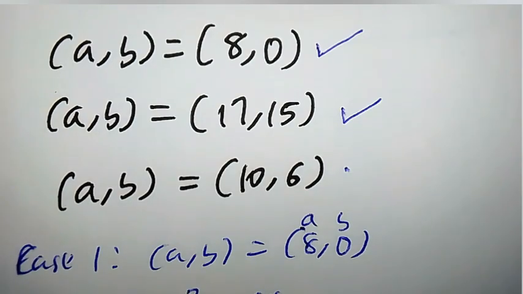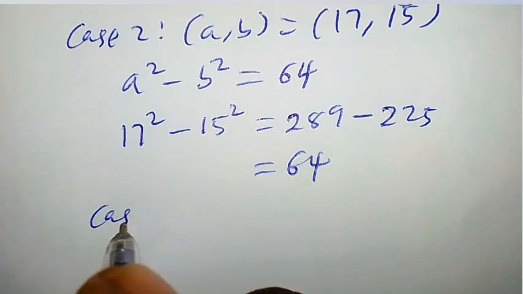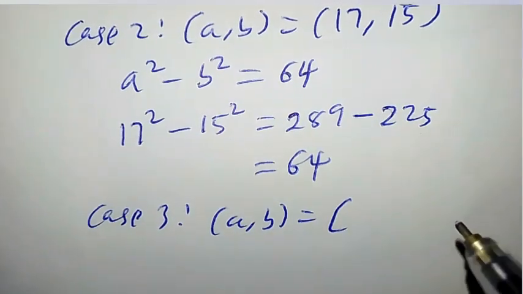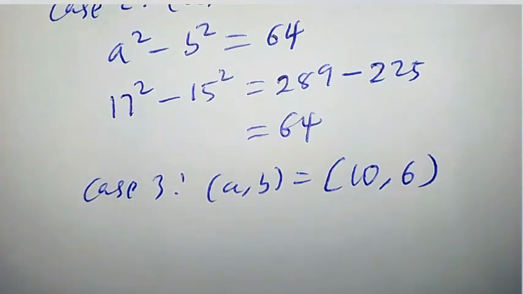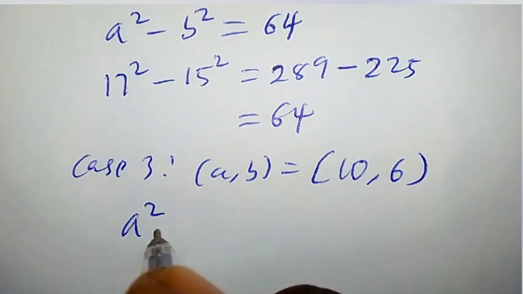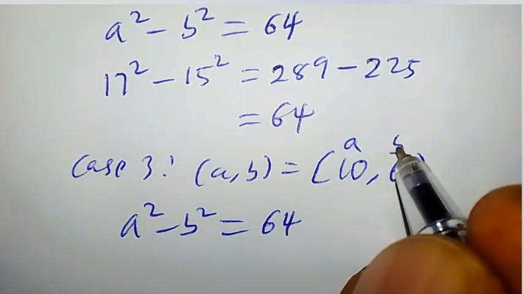Now, let's confirm the third case. Case 3 says a comma b is equal to 10 comma 6. The original question says a to the power of 2 minus b to the power of 2 equals 64. Clearly, a is 10, b is 6.